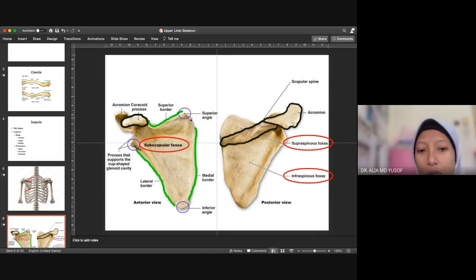Kita tengok this is a scapula, anterior view, apa yang kita nampak: subscapular fossa, borders, angle, coracoid process, acromion process, glenoid cavity. Dalam posterior view, ada spine, ada infraspinous fossa, supraspinous fossa, ada acromion.